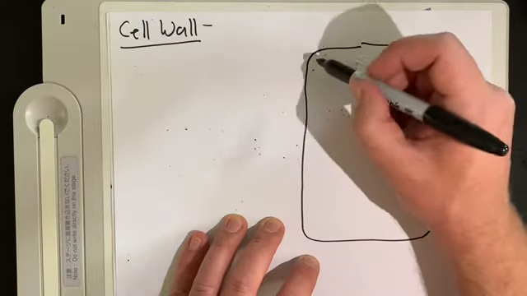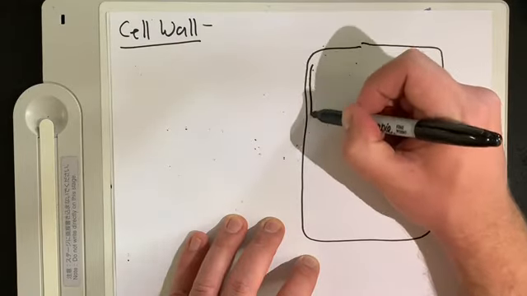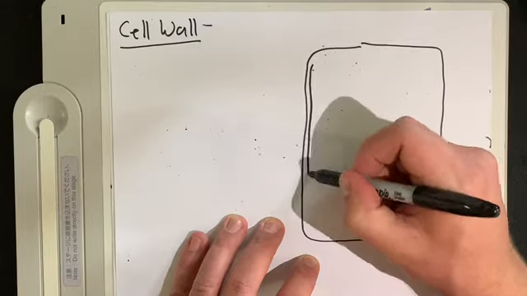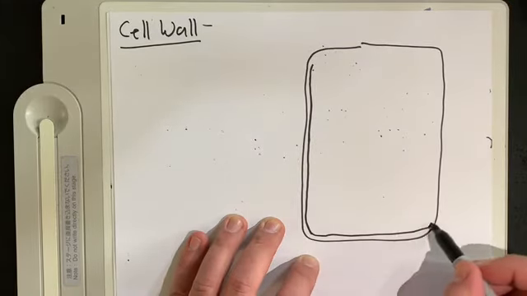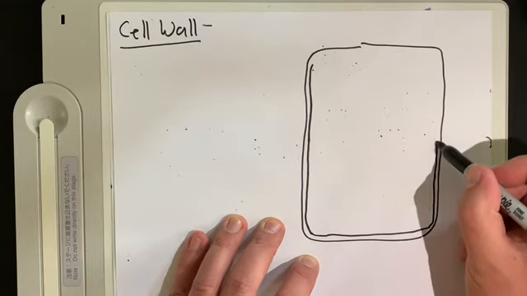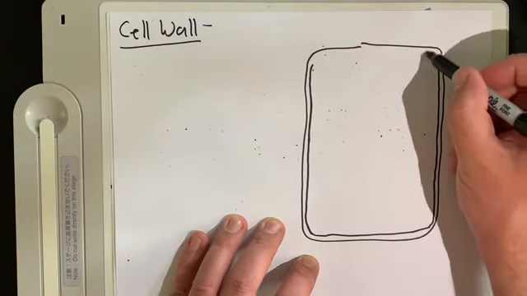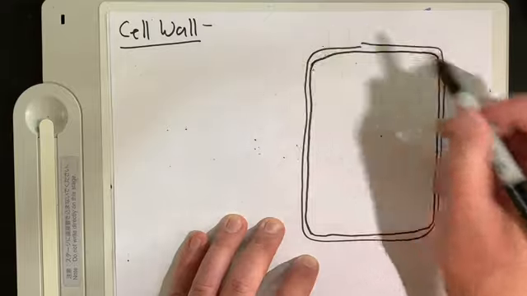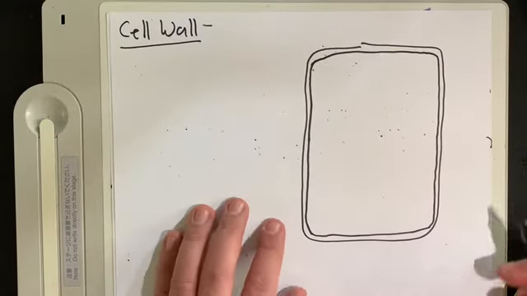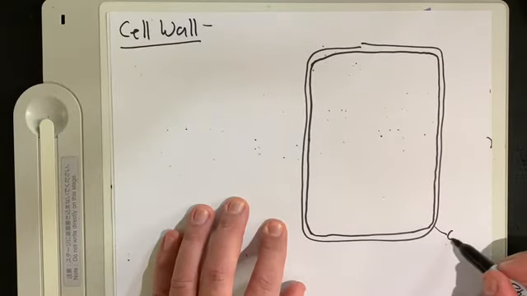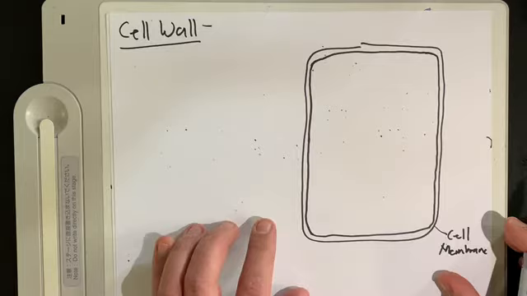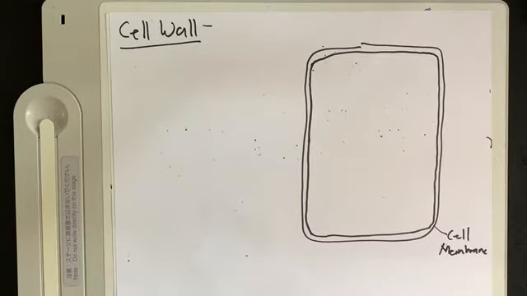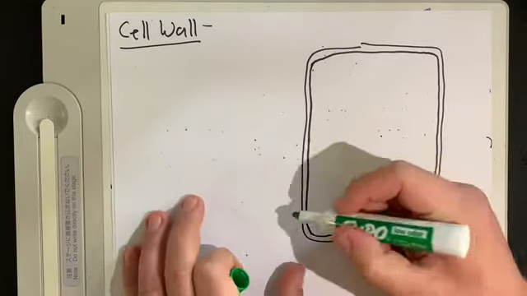And this black here is our phospholipid bilayer. So I'm drawing two layers. So this is that cell membrane. So just like we just drew, it has proteins embedded and all that kind of stuff. So this is our cell membrane. But then plant cells also have their cell wall.